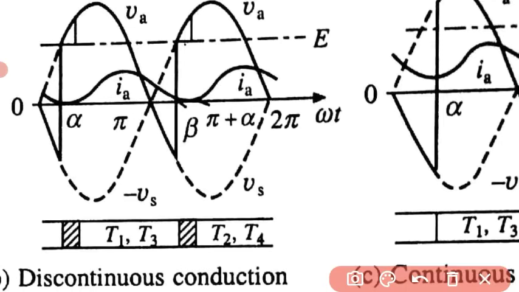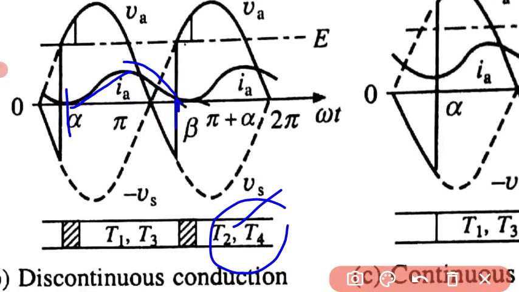Here you see at alpha, T1 and T3 are turned on, the current increases because it conducts, current starts flowing, and at beta, before turning on T2 and T4, the armature current goes to zero.